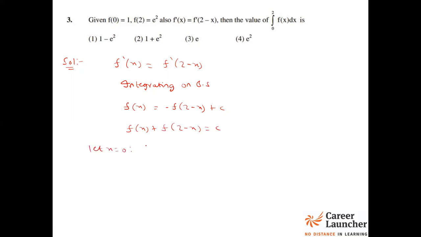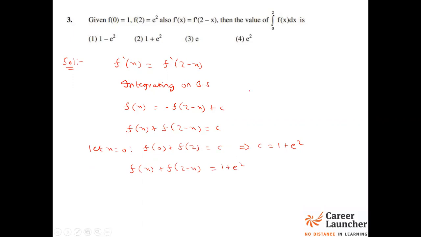We get f of 0 plus f of 2 is equal to c. The values of f of 0 and f of 2 are given, so c is equal to 1 plus e square, right? So we have got f of x plus f of 2 minus x is equal to 1 plus e square.